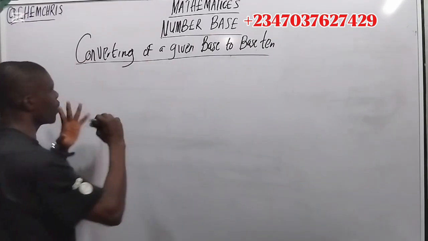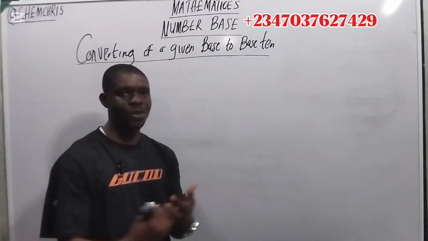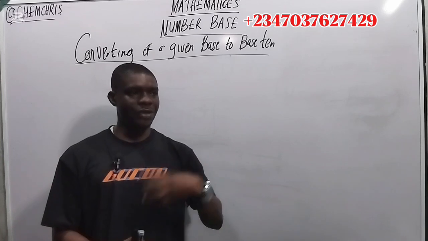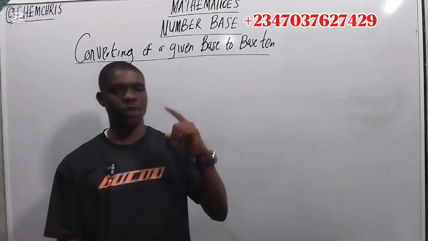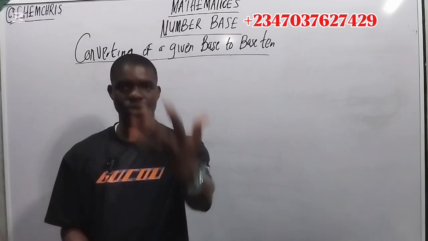Now, when you have a number in any base, you want to convert it to base 10. How do you do that? For the sake of this video not being too lengthy, I'll solve only one question, then I'll give you one to try.